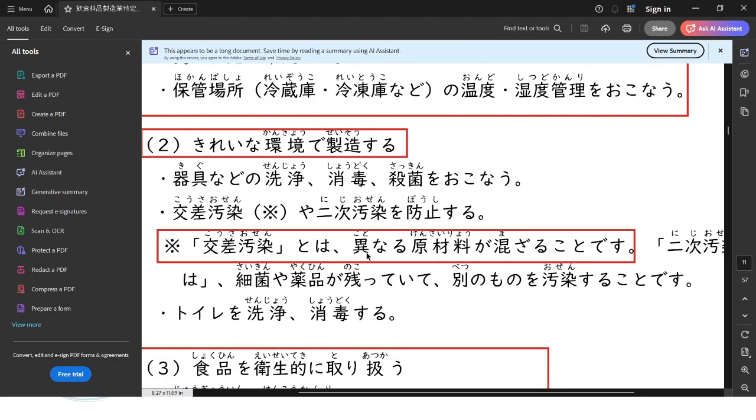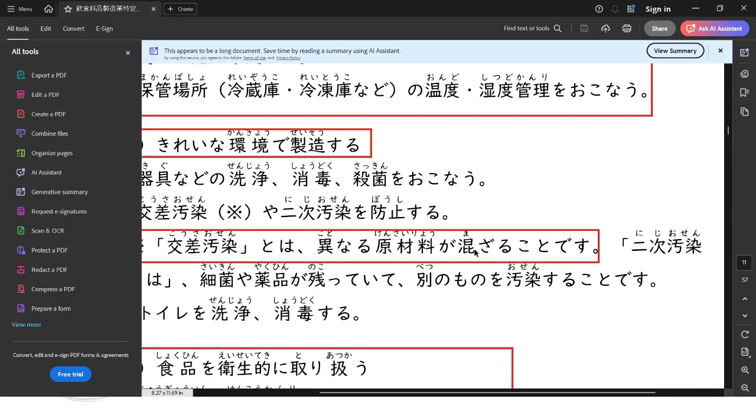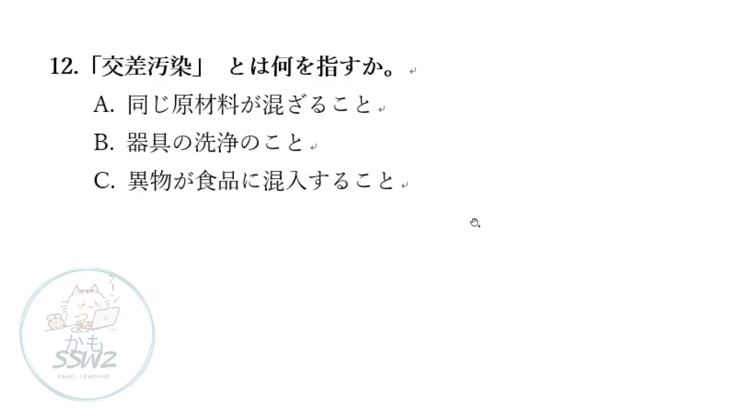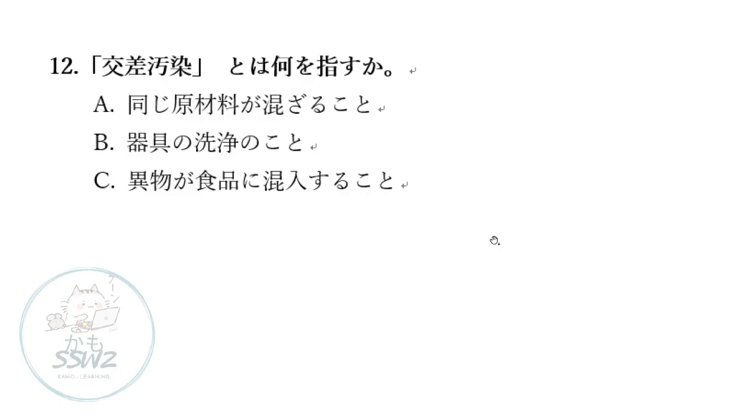Cross contamination is mixing different raw materials. So it is the C answer, because it is about mixing different raw materials.